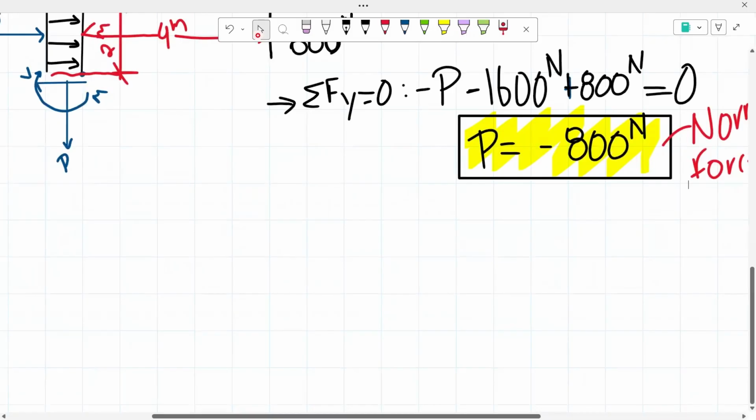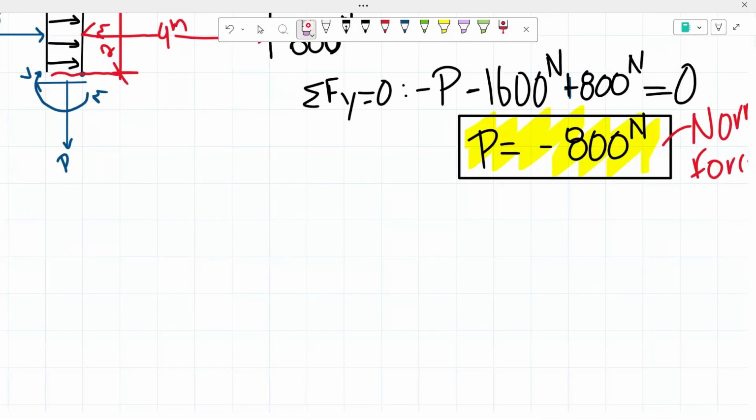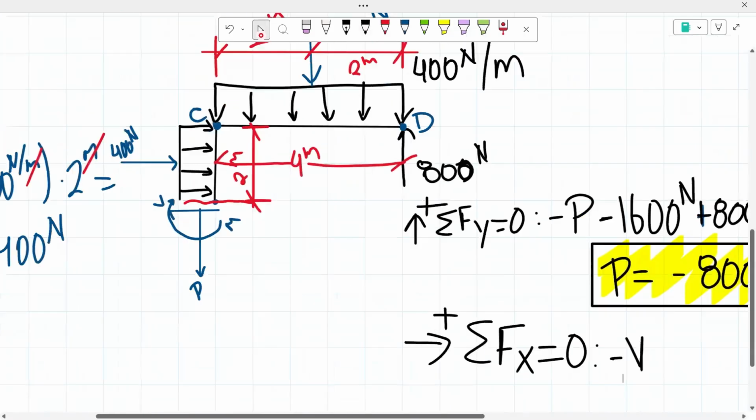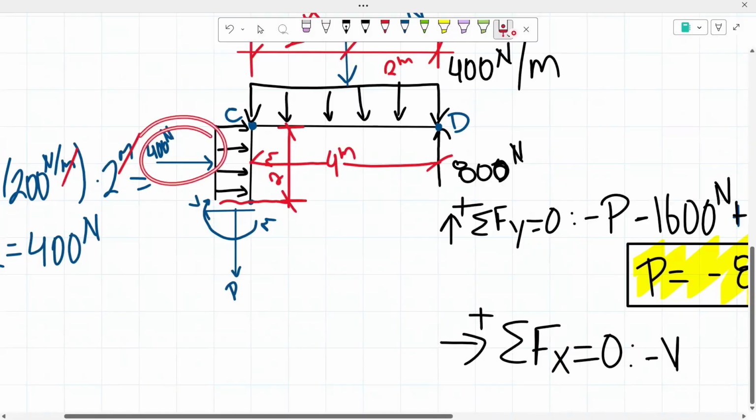Now to determine our shear force, sorry, I don't know why I drew the arrow horizontal if it's supposed to be vertical. Okay, now I'm going to take the sum of our forces in the x direction to determine the value of my shear force. My shear force here is going to the left because of our sign convention, so that means a negative force, negative V. From here we have our concentrated force that is also a horizontal force.